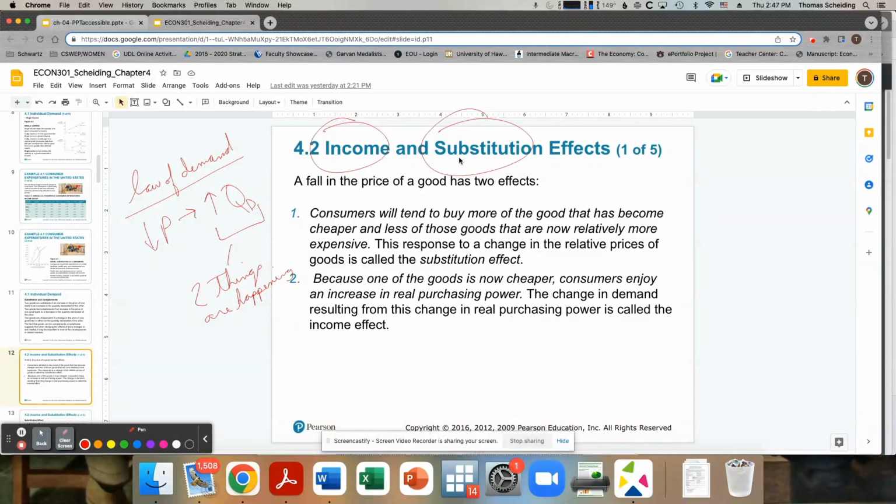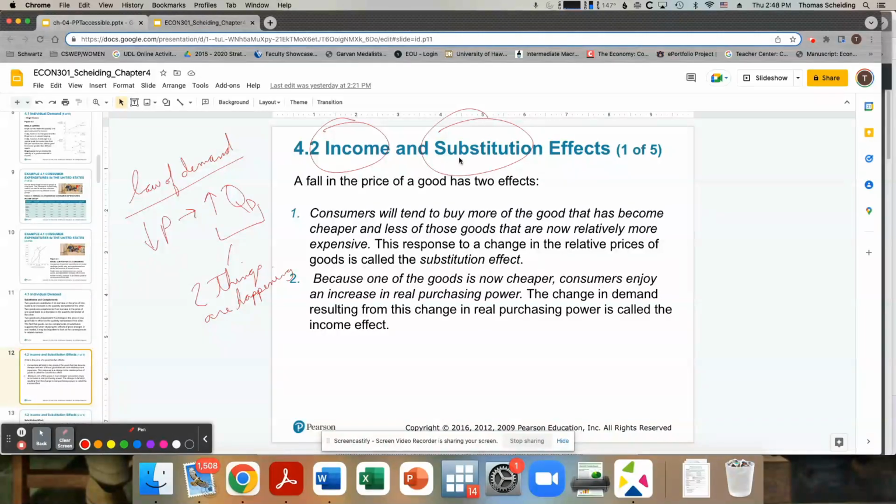Essentially, when we talk about the substitution effect, we're saying that when the price falls for a product, the individual will substitute towards that good that is now cheaper relative to the other goods they could have consumed.